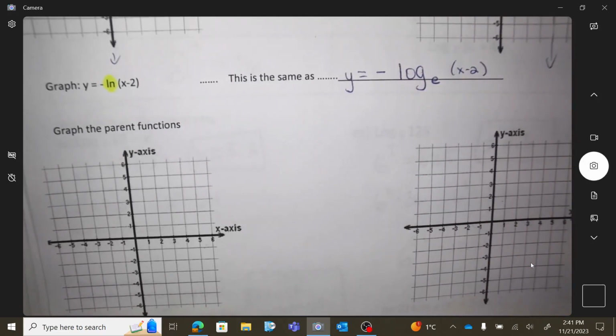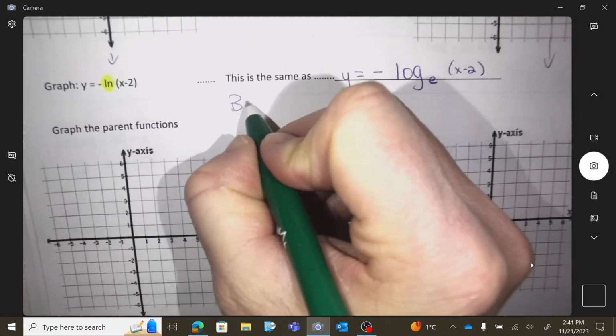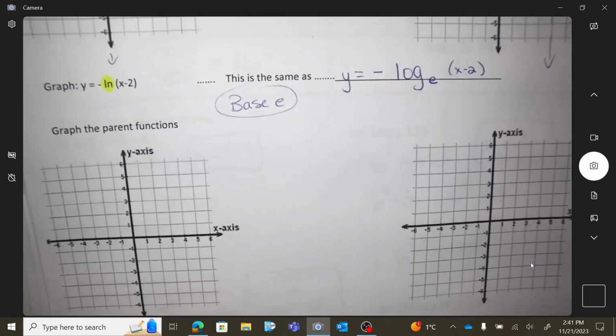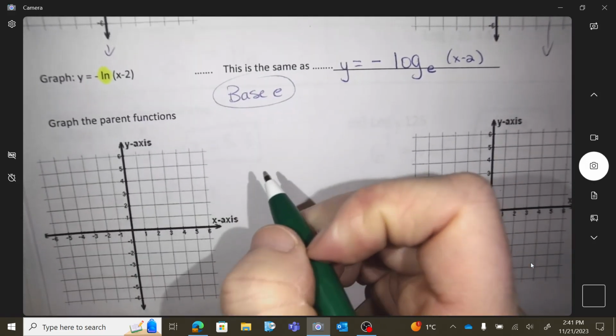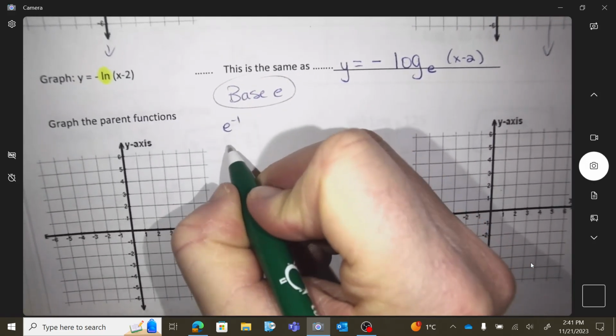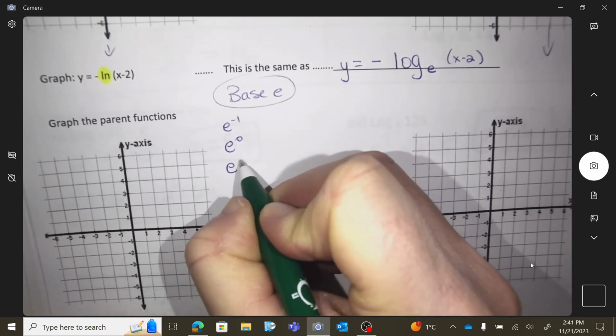Okay, this e number is the natural log. Does anybody remember the number-ish value? 2.7. Yeah. Okay. So we're going to use a base of e. All right, so I'm going to go e to the -1, e to the 0, e to the 1.